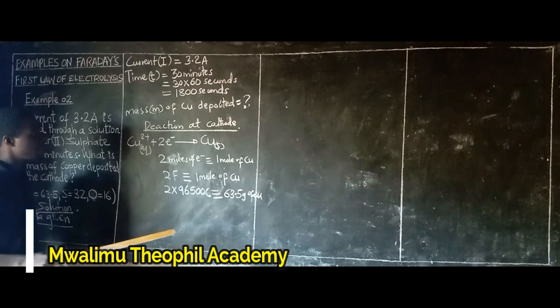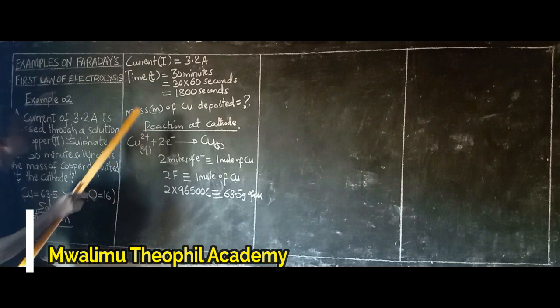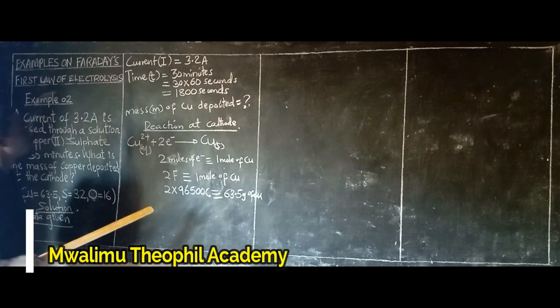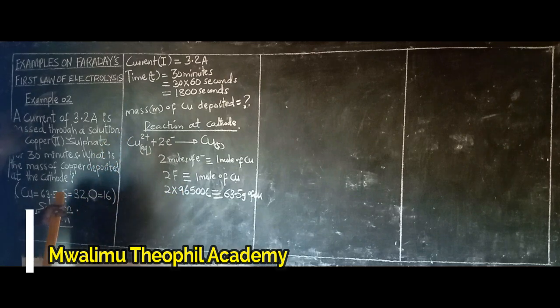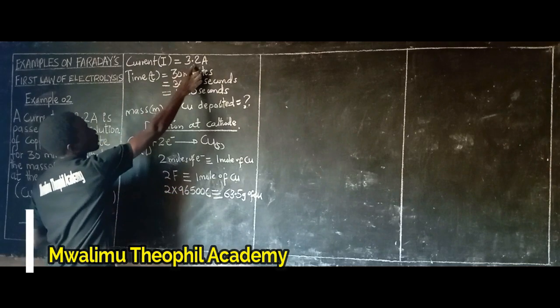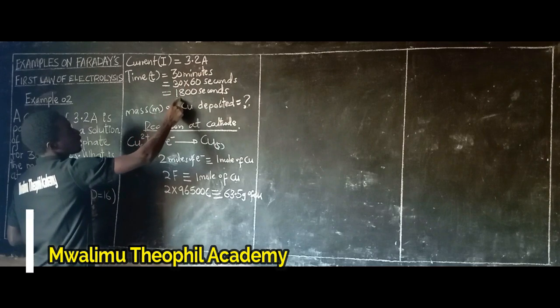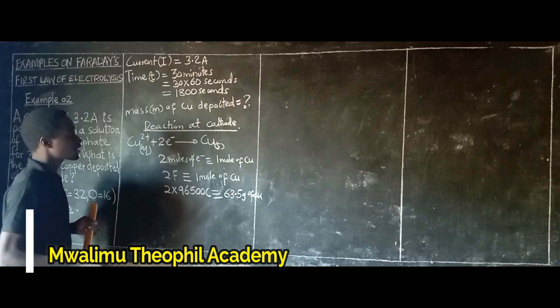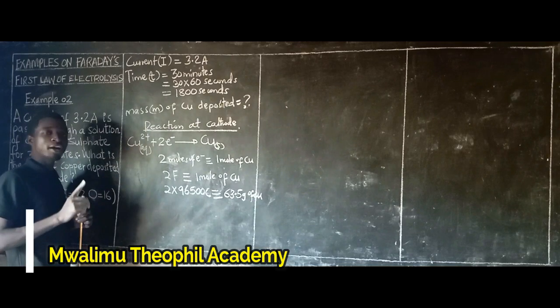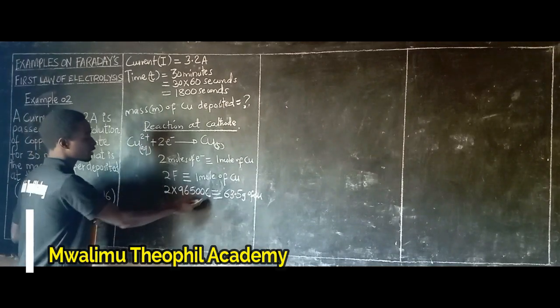Now from this, let us compare it with the data from the question. From the question, we are given the current of 3.2 ampere and a time of 1,800 seconds. As I've told you, when we take the product of current and time, we get the charge in terms of Coulomb.